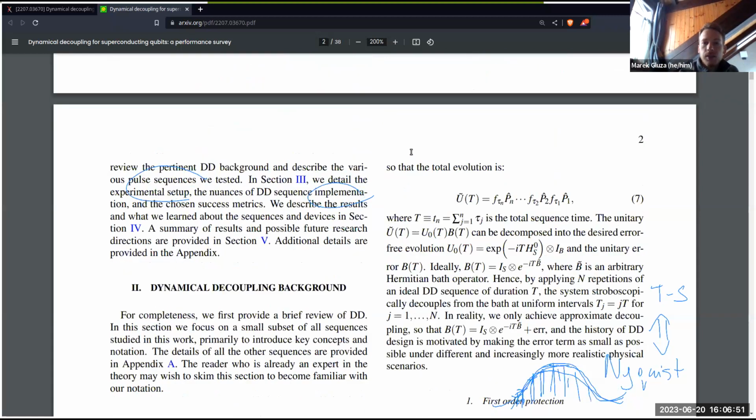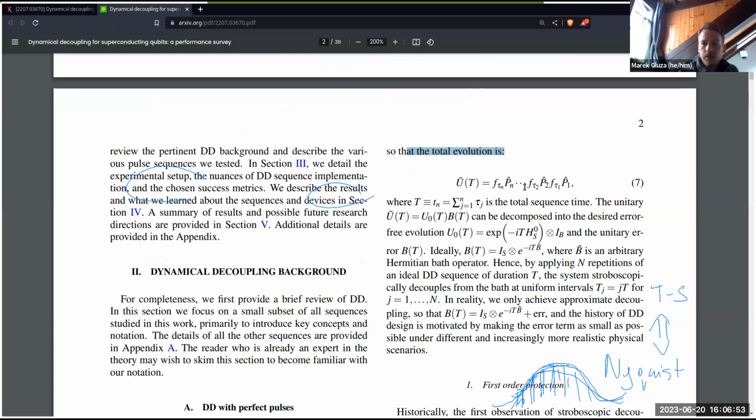And now the total evolution, if we have a sequence of schedulings where I have certain pulses P1, P2 acting at different times. Okay, so I have pulse 1, pulse 2, pulse 3, but this duration here is long. Then the qubit or qubits can do some evolution here.